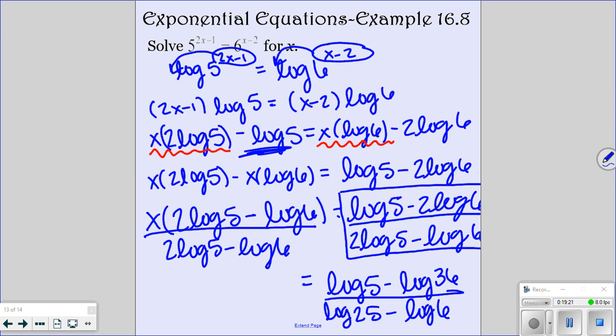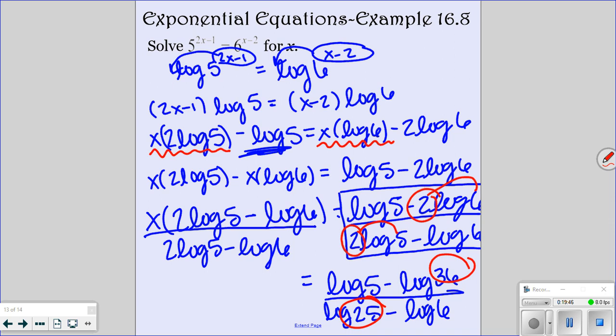Okay, so that's also acceptable. Basically, you take this 2 right here and move it to the exponent to make that 6 squared, and that's where that 36 comes from. And then they take this 2 and move it to the exponent of the 5, and so 5 squared, that's 25. So either one of those would be fine with me. Just know that sometimes they're going to do that to their answers.